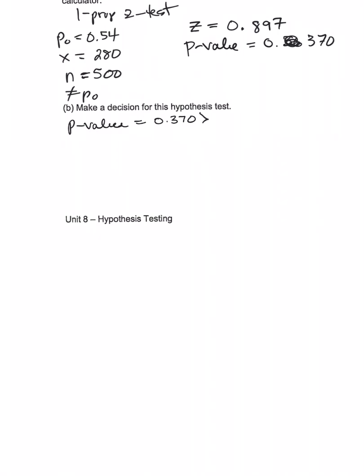So what do we automatically default to? 0.05, which is our alpha level. So is the p-value low? No. So we don't reject, do we? What's the phrase? So we fail to reject H naught.